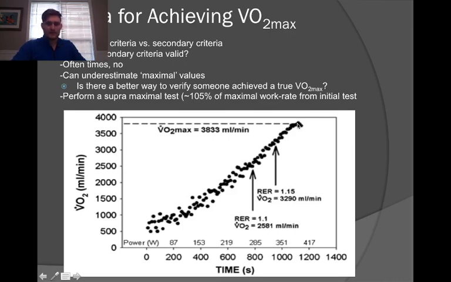And if they were at their true VO2 max the other day, the same thing's going to happen and you're going to see less than 150 milliliters of O2 per minute of an increase, or it does go up by 160, 200 milliliters of O2. And that shows you, okay, no, they weren't at their VO2 max last time. They just achieved their VO2 peak.